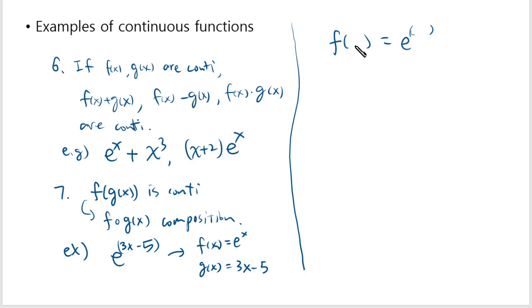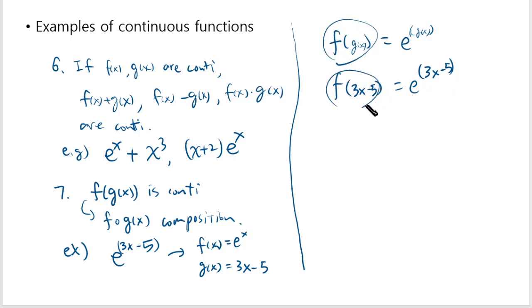And when you plug in g of x, the left side will be the composition, and the right side will be like this. But what is g of x? g of x is 3x minus 5. So you have to plug in 3x minus 5 here so that you get this. So you can see that this is equal to this is equal to this. Okay, so that's why this is a composition of two continuous functions, and in that case the composition is continuous.